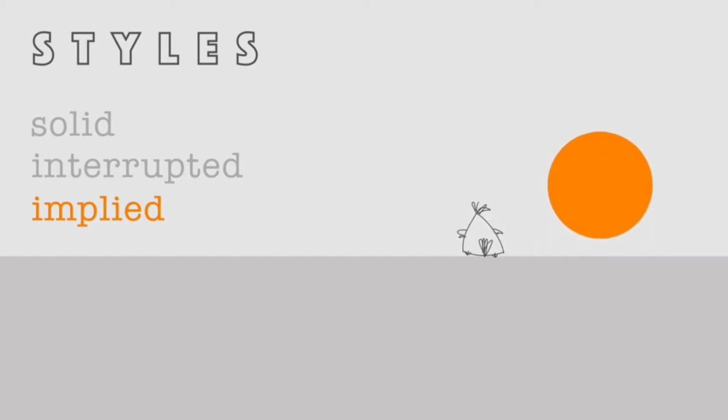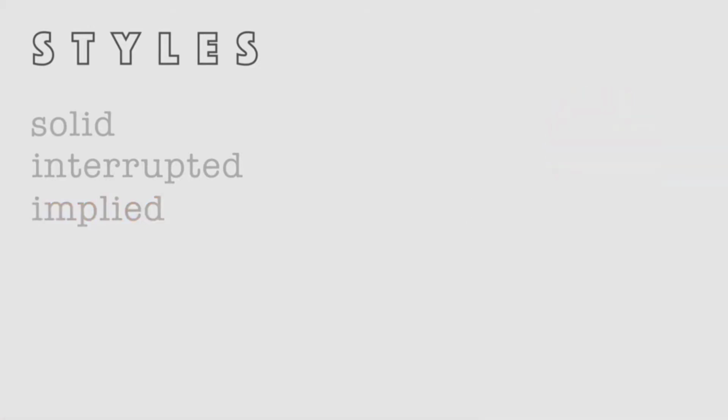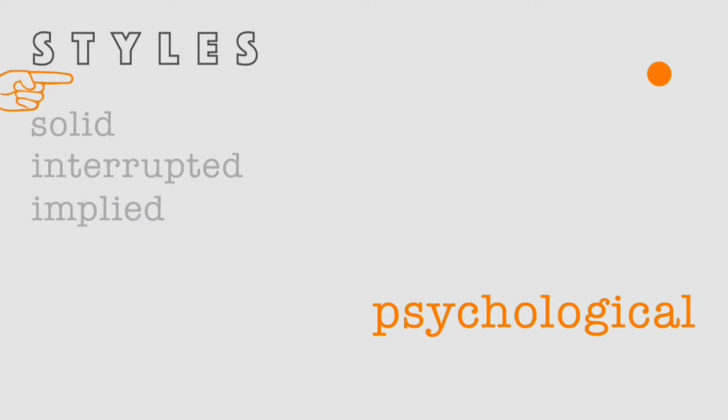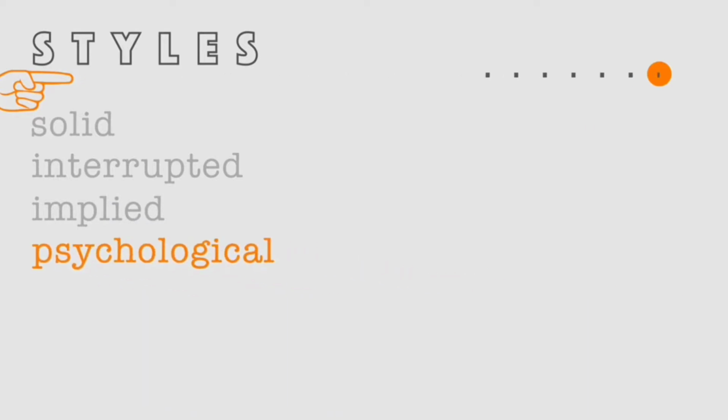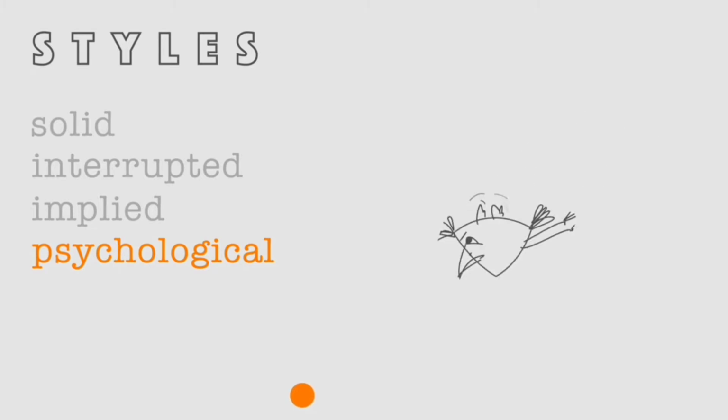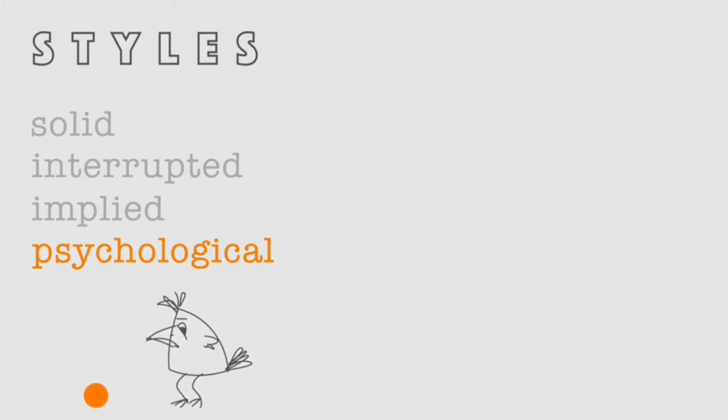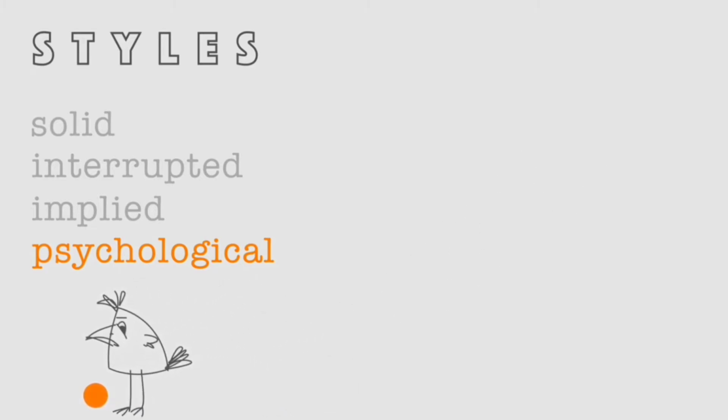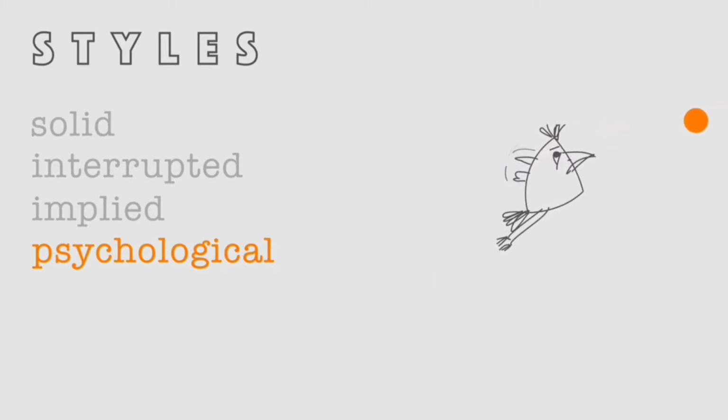These are lines that are not physically there; they are generated by our minds based on the other elements. Okay, there you go. These are the 4 styles again: solid, interrupted, implied, and psychological lines.